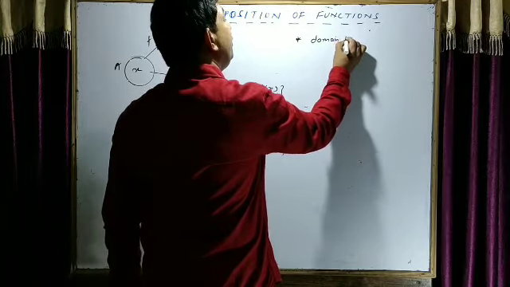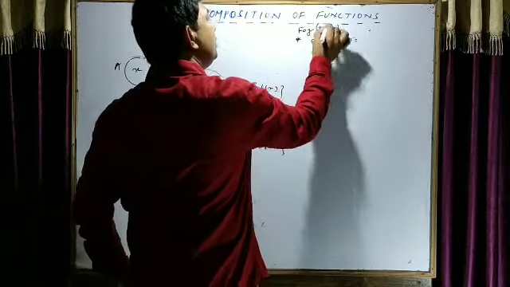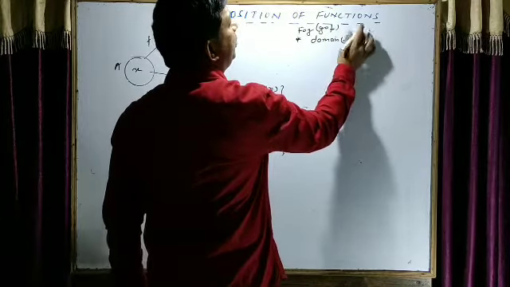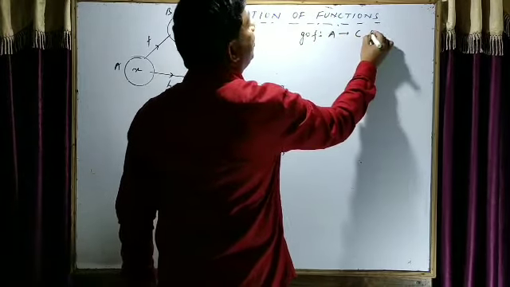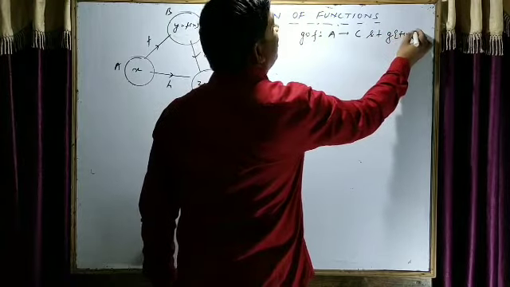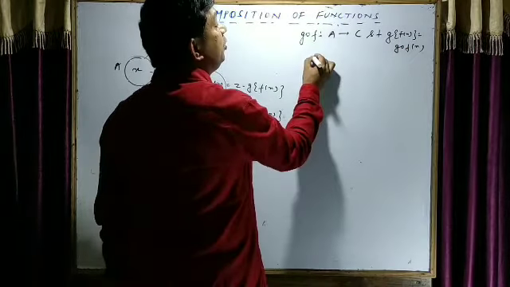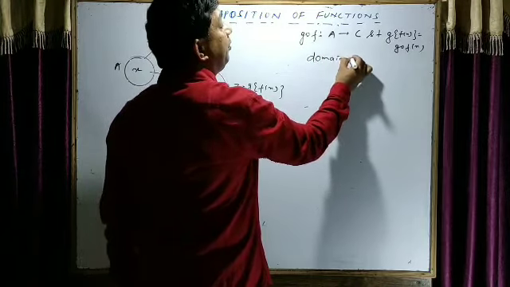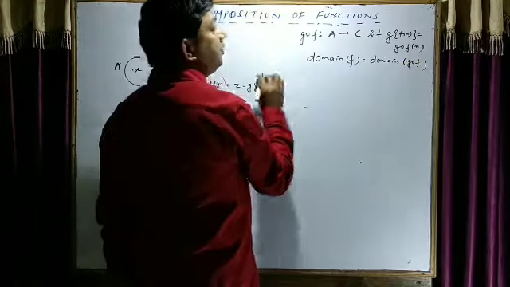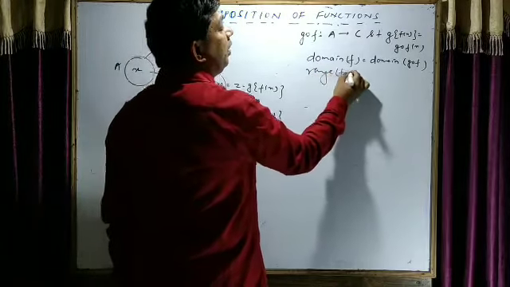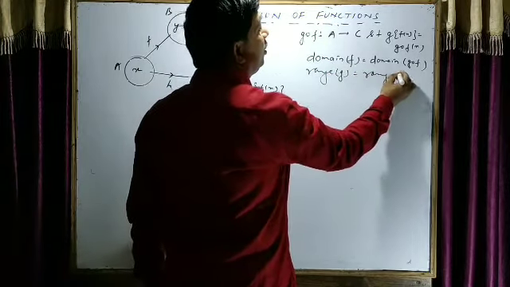First is g o f. It is a function from A to C such that g o f of x equals g of f of x, and domain of f is equal to domain of g o f. Range of g is equal to range of g o f.